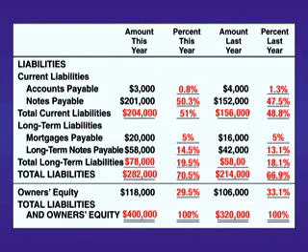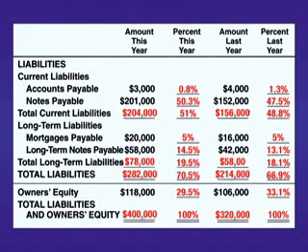We'll look at long-term liabilities. Mortgages payable is $20,000, which is 5% of total liabilities and owner's equity. Long-term notes payable, $58,000, is 14.5% of $400,000. Total long-term liabilities, $78,000, is 19.5% of total liability and owner's equity.